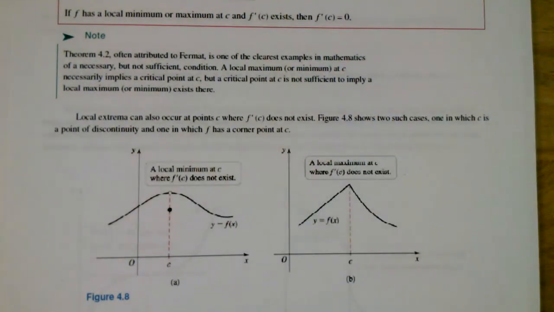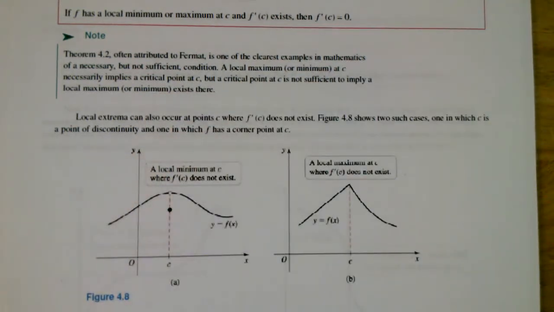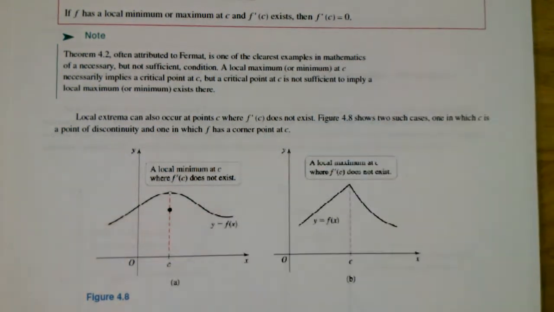One in which C is a point of discontinuity, and the other one in which f has a corner at point C. Here's the one on the left where there is a hole in the graph of y equals f of x. So here we have a point of discontinuity. So here, f prime of C does not exist. Okay, so here we have a local minimum at C.